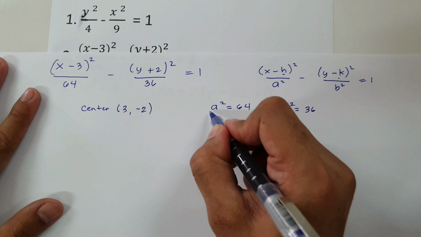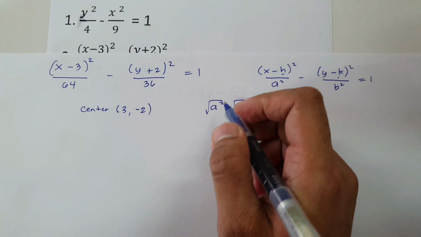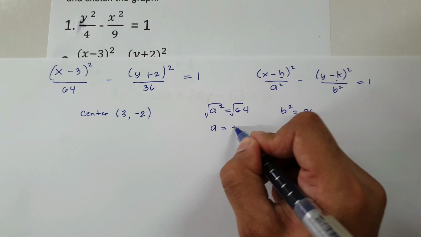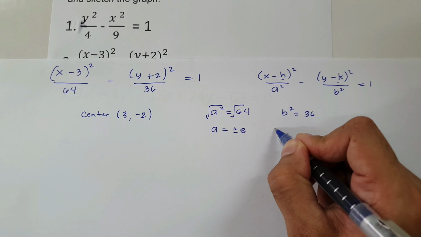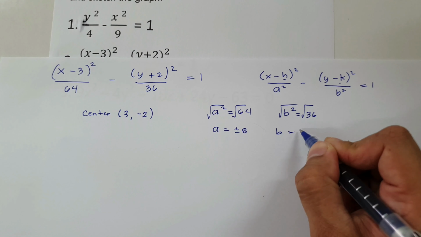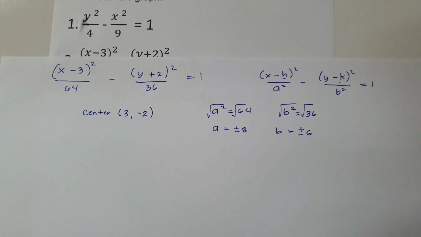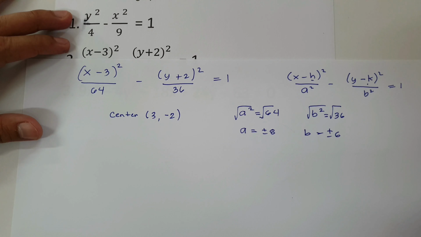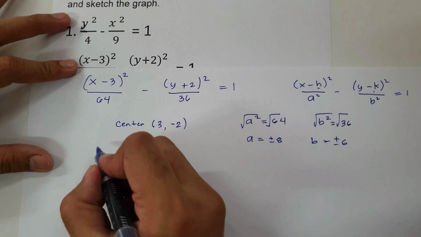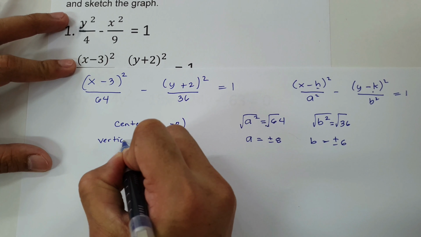To find the value of a, we have a equals square root of 64, that is positive and negative 8. To find the value of b, get the square root of 36, that is positive and negative 6. Now let us find the coordinates of our vertices.